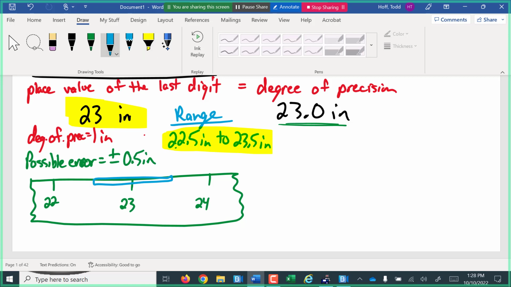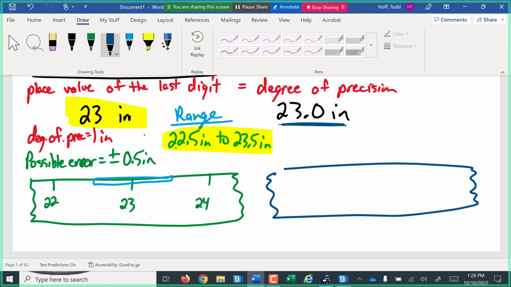Over here, however, when we report that as 23.0 inches, what that is implying is that our measuring device is capable of measuring to the 10th of an inch because we have that last digit in the 10th of an inch.